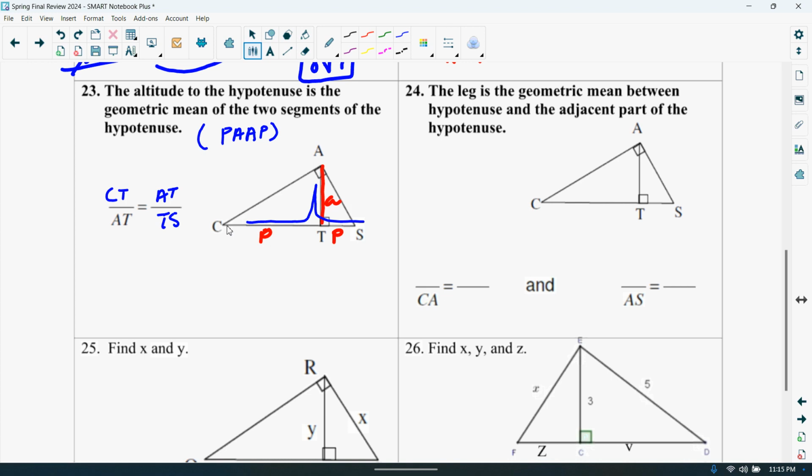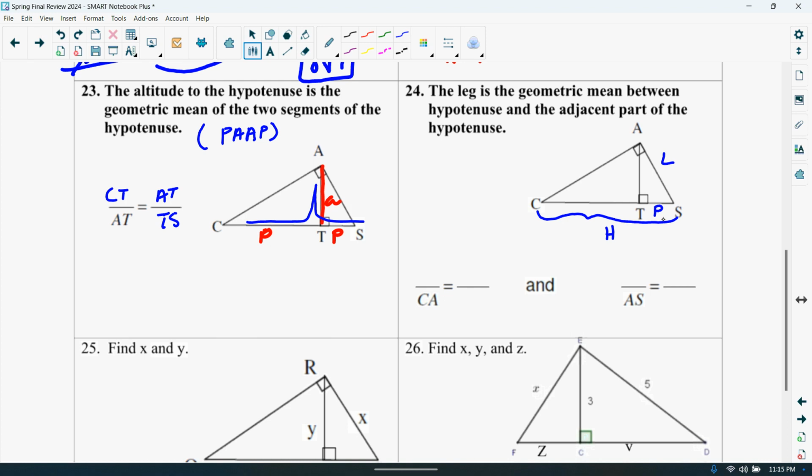The other rule with similar right triangles with geometric mean is dealing with the hypotenuse and the adjacent part. This whole segment here would be our hypotenuse, and this hypotenuse would go to the leg, and we then want the adjacent part to that leg, which is here.